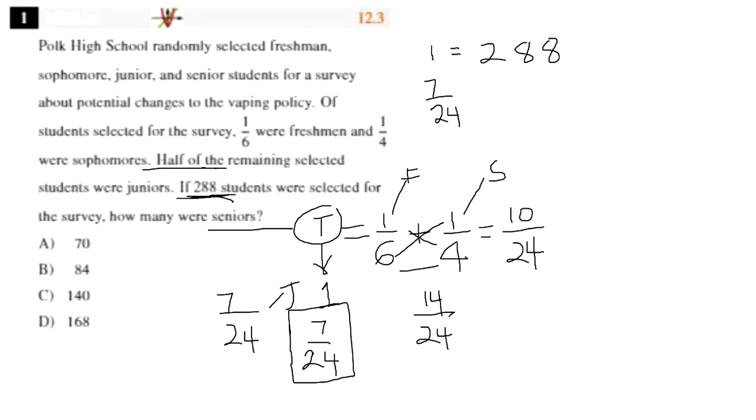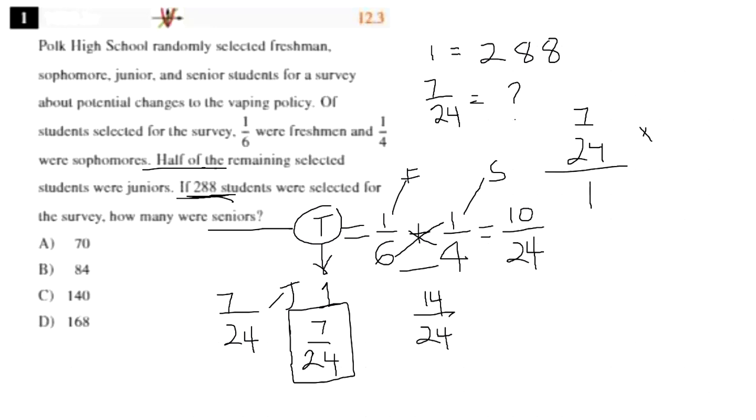There are various ways you can approach this ratio. So if 1 is 288, then what would 7 over 24 be? So you can do it this way, 7 over 24 all over 1. Then you multiply it by 288.